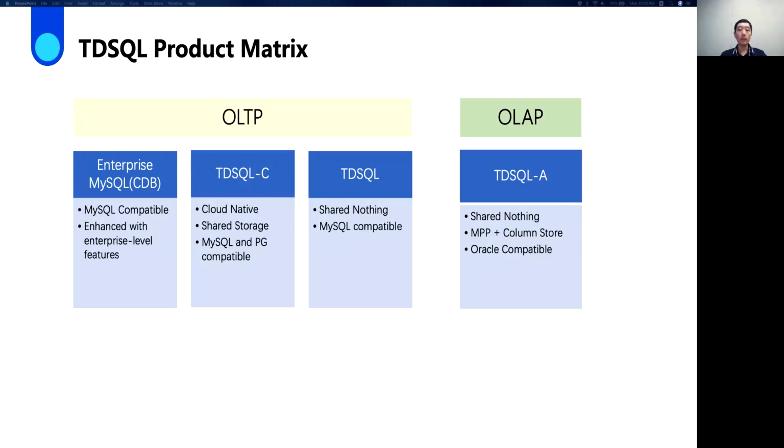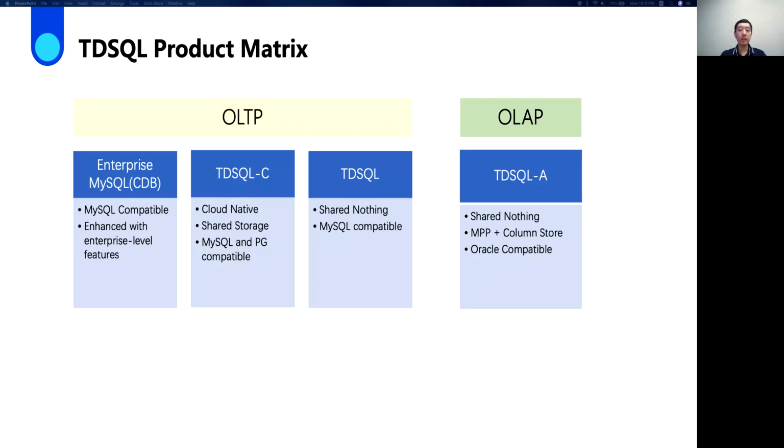In the cloud-native database side, we built TD-SQL-C. It's a shared storage product with decoupled computing and storage layers. It has two flavors. One is for MySQL and the other one is for Postgres. We also have another MySQL compatible product, TD-SQL.